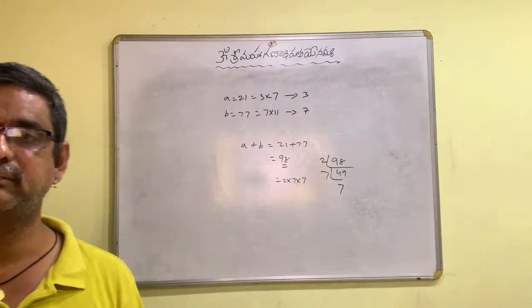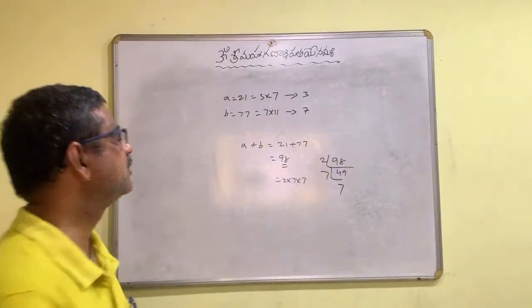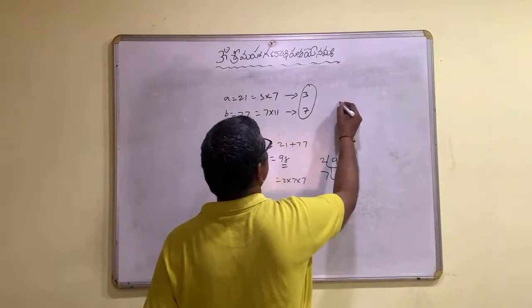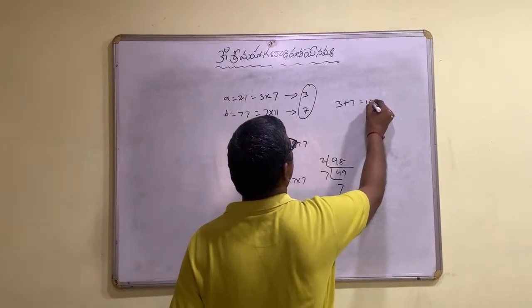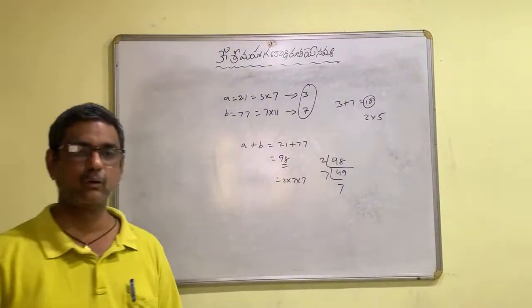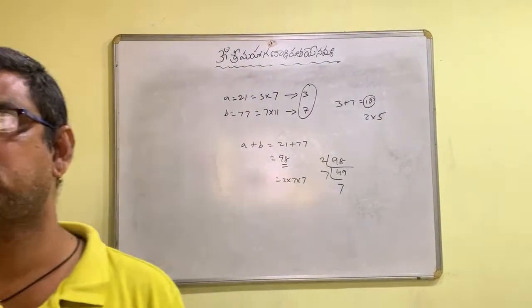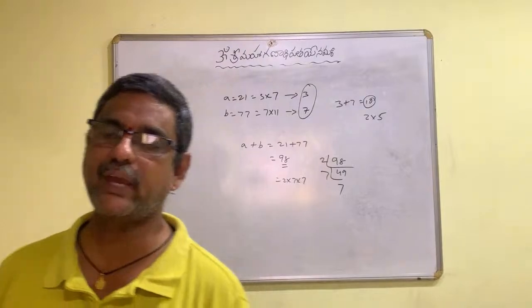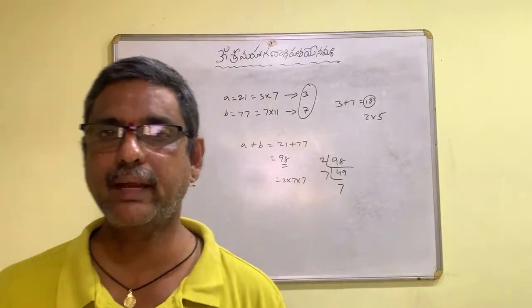The answer is 2. Or you can add these two, 3 plus 7, 10. Prime factorization of 10 is 2 and 5. So 2, that you can also say. Okay?